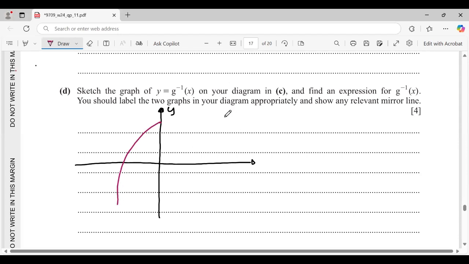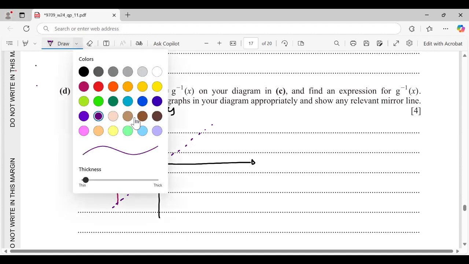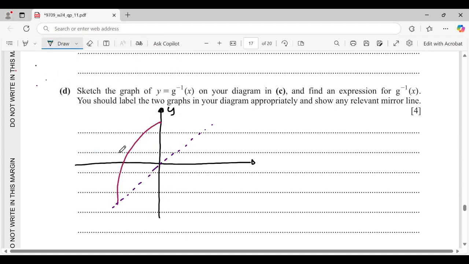And after that, the relevant mirror is a straight line. Then this is g(x), and after that the inverse of g(x), like this. So this is g(x), and this is the inverse of g(x).